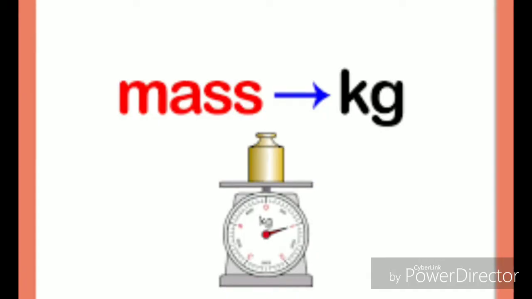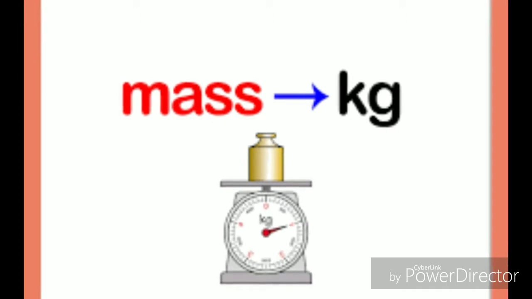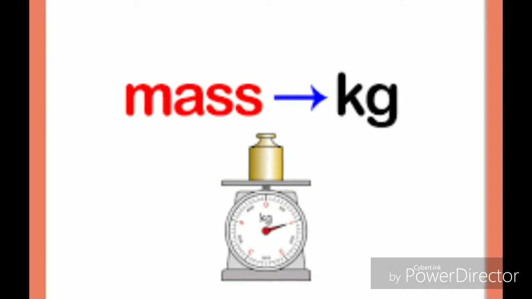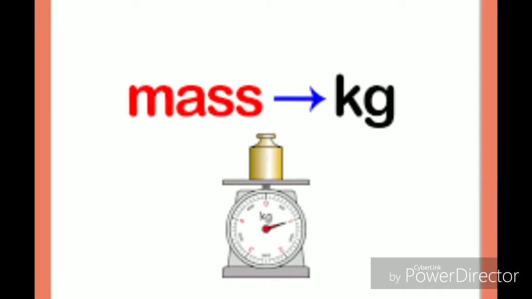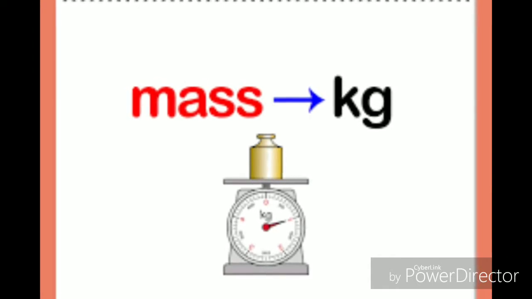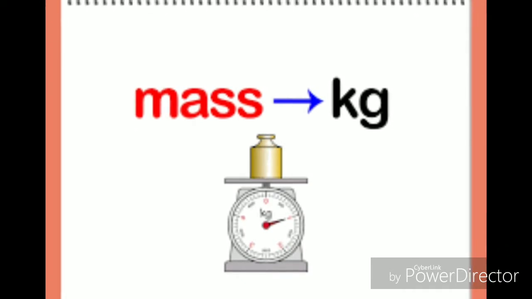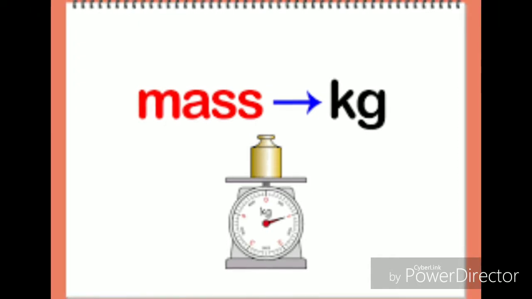Then now we are talking about the range of mass. We can measure different ranges of mass, starting from the mass of an electron, that's equal to 10 raised to minus 30 kilograms, up to the mass of the universe, that's equal to 10 raised to 55 kilograms. The smallest practical unit of mass is 1 AMU.